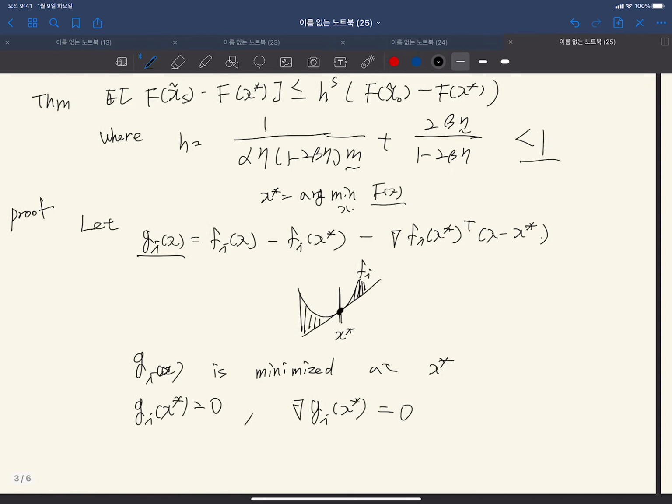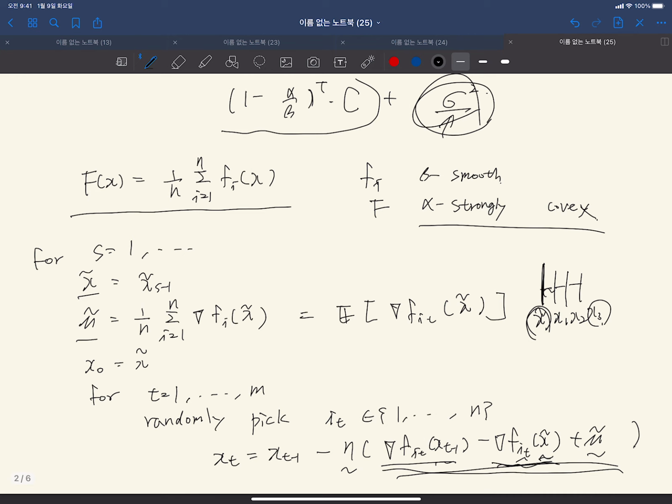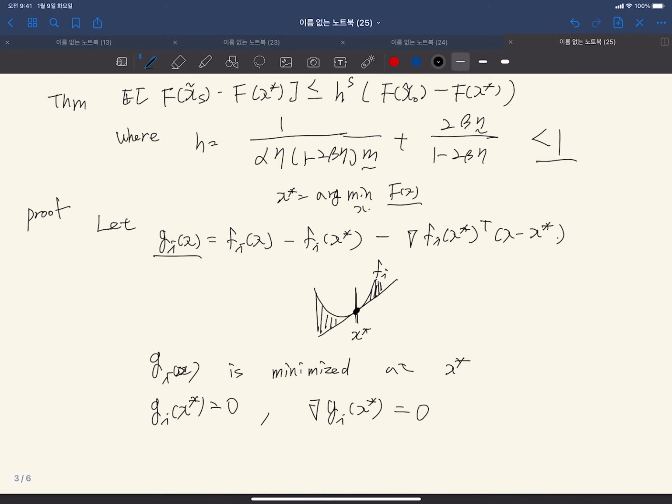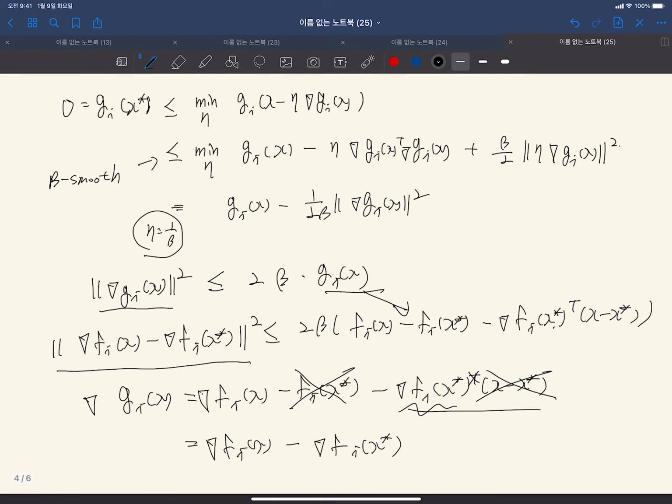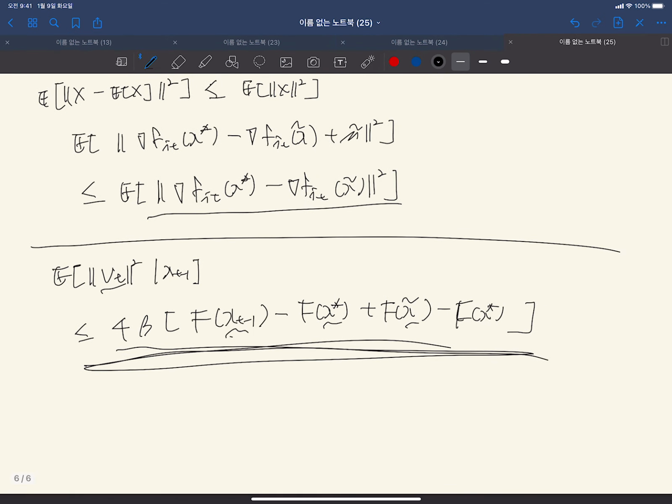Okay, this simple update rule basically introduces this auxiliary random variable, and this auxiliary random variable can make almost 0 variance when both xt and x tilde become close to x star.